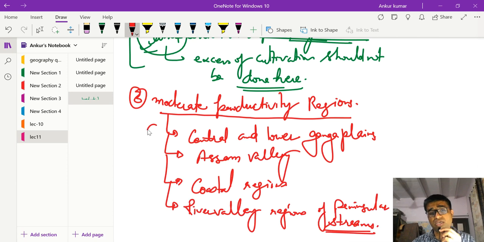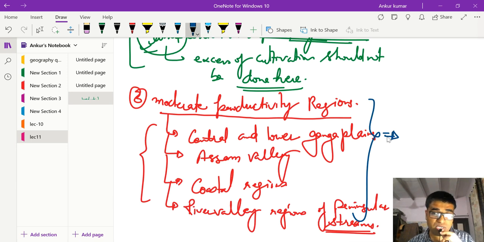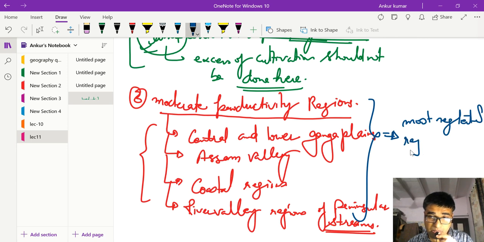So these are the regions of moderate productivity, and the interesting fact is these are the most neglected regions in terms of agriculture.